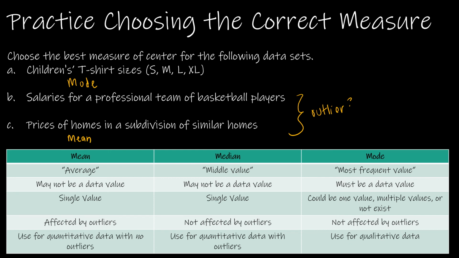However, if I'm looking at salaries for a professional team of basketball players, someone who is very famous and a high performer is going to get paid a lot more than your standard basketball player. Therefore, there will be outliers for those salaries, and we would want to use the median instead because those outliers would not be taken into effect.